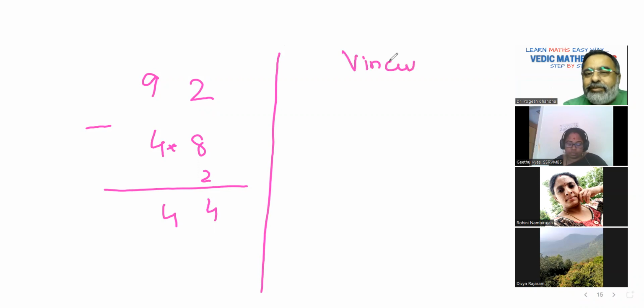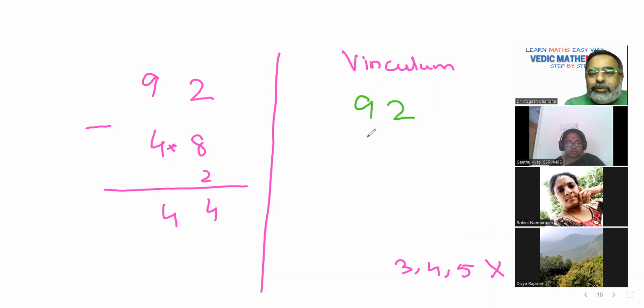But yes, if you are teaching class 3rd, 4th, 5th, you cannot teach this method because they are not taught vinculum numbers. Vinculum numbers need some understanding. Up till 5th class, they cannot understand that particular topic. Above 5th, 6th, 7th, 8th, they can very easily understand and find it easier.